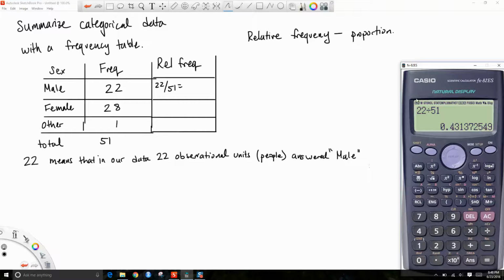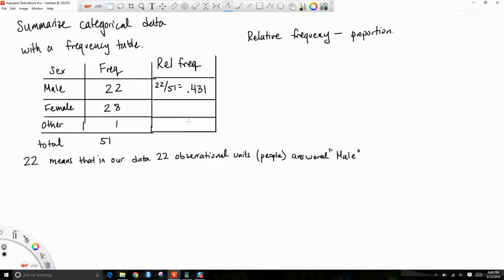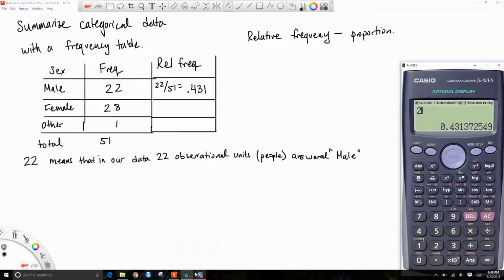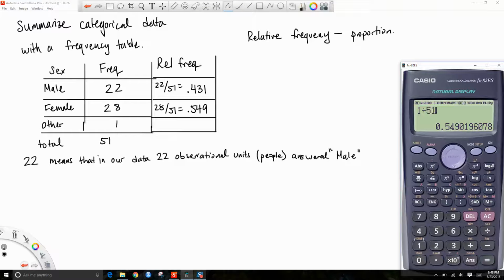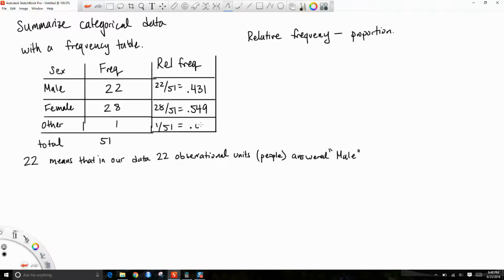I get 43.1%, so 0.431. And then 28 divided by 51, 0.549. And lastly, 1 divided by 51, 0.0196, so basically 0.02. And that would be a relative frequency table.